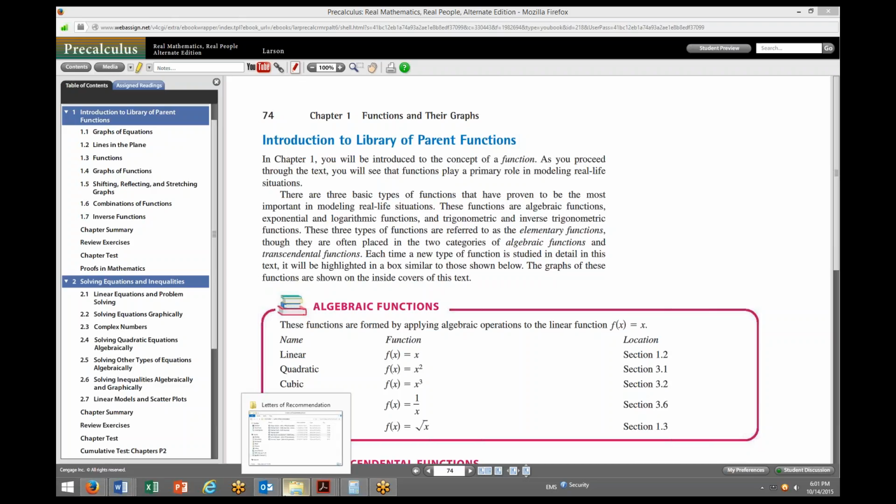You may also be asked, after you graph a function, to tell what are the open intervals on which the function is either increasing or decreasing or constant. And that must be in interval notation.